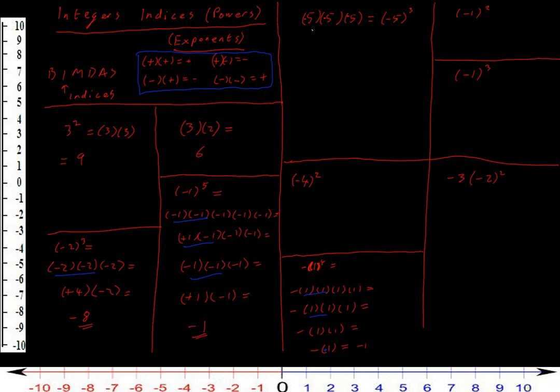Now, if I want to start multiplying this out, I could take my left-hand side numbers, and I have minus by minus is plus, and 5 by 5 is 25. So I'd have plus 25 multiplied by minus 5. And then, doing my final bit of multiply, plus by minus is minus, and 25 by 5.